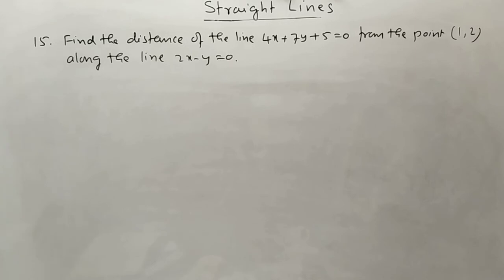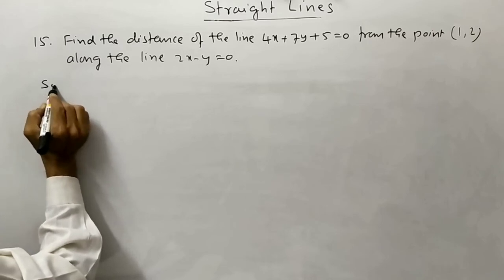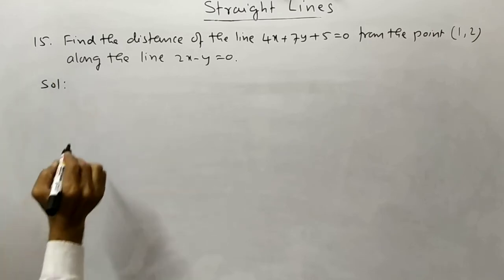Next question. Find the distance of the line 4x plus 7y plus 5 is equal to 0 from the point with coordinates 1 and 2 along the line 2x minus y is equal to 0. Solution.